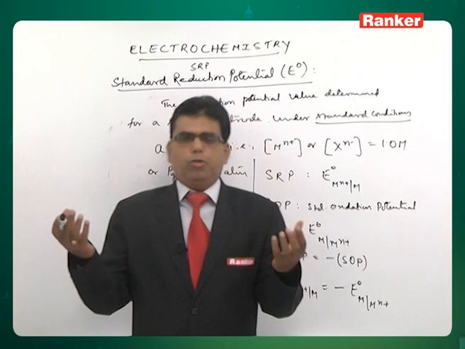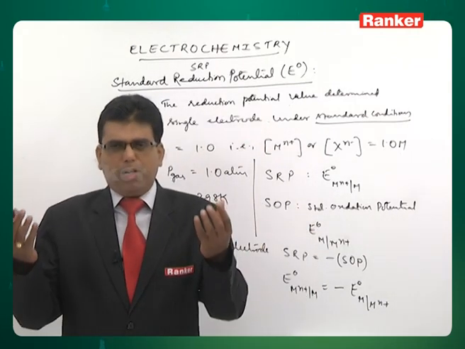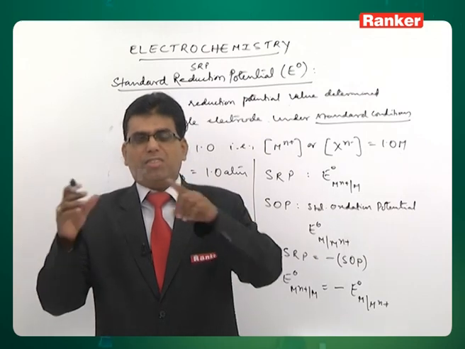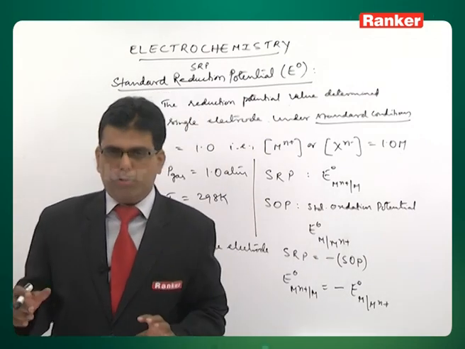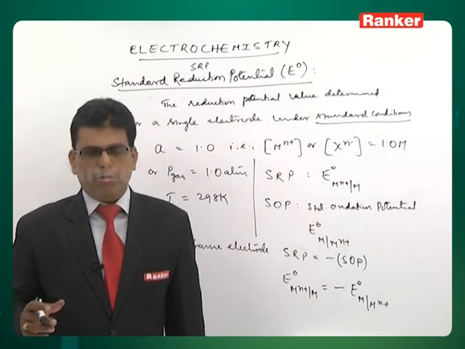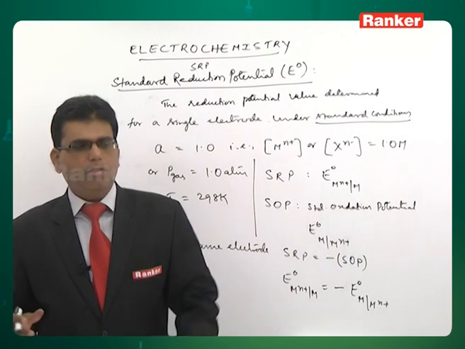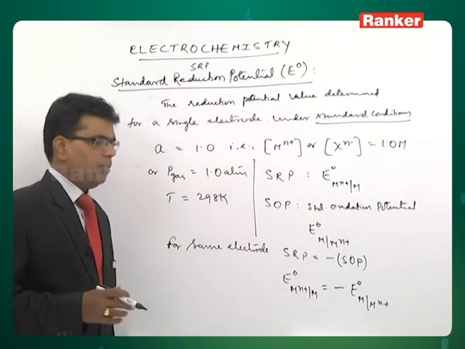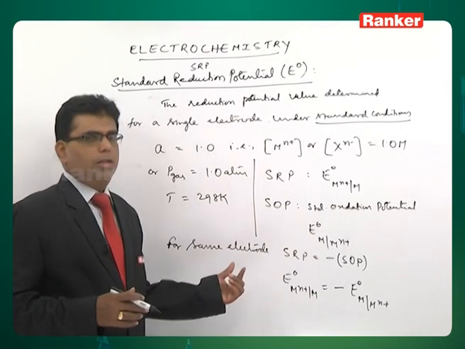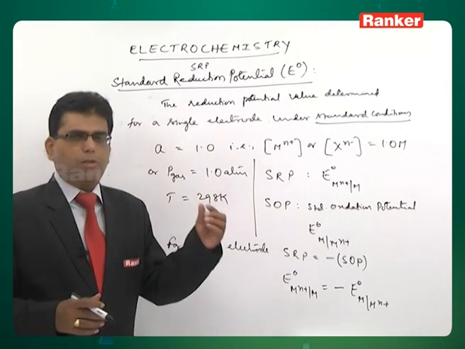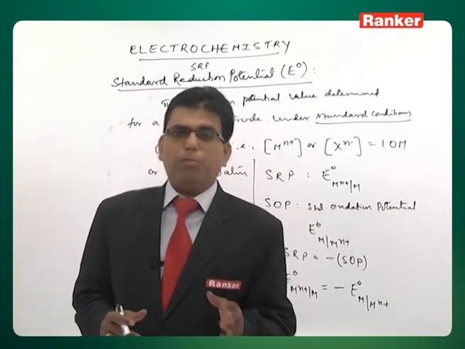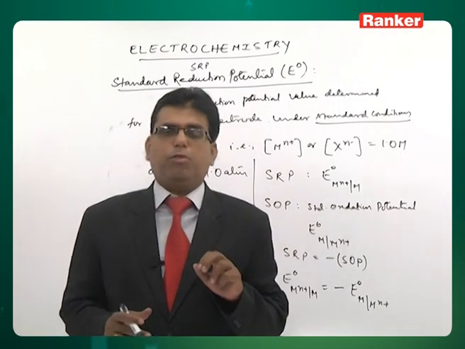Copper and Cu2 plus will have their own potential, but what we are measuring is not the absolute potential of either, but the potential difference between the two electrodes. That is what we measure with the help of a potentiometer connected in the circuit.